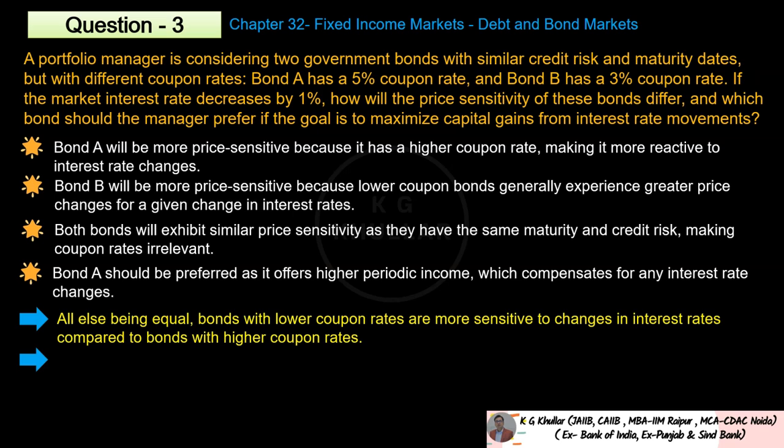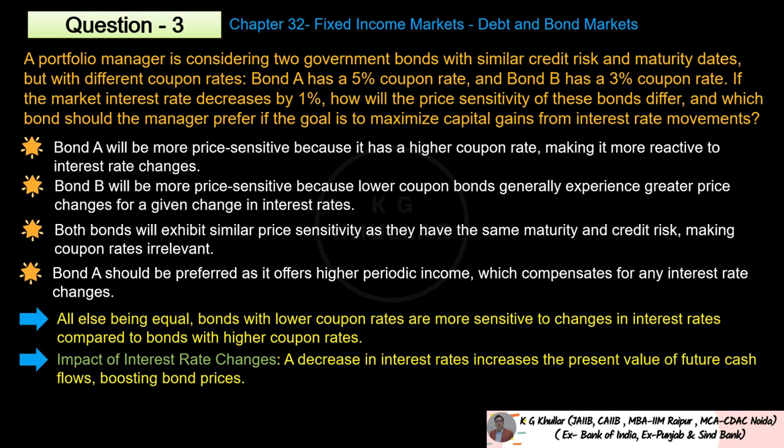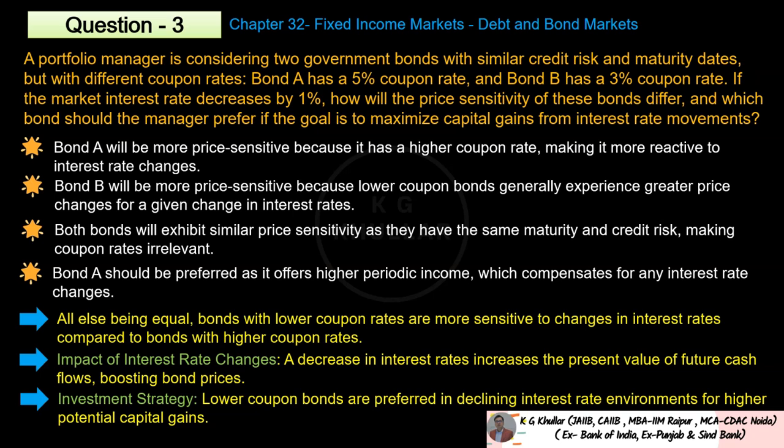Now friends, this occurs because lower coupon bonds return less cash flow to the investor before maturity. This means the bond's principal repayment has a greater impact on its price when discounted back at various rates. So when interest rates decrease, the present value of the future cash flow increases, which boosts the bond's price.